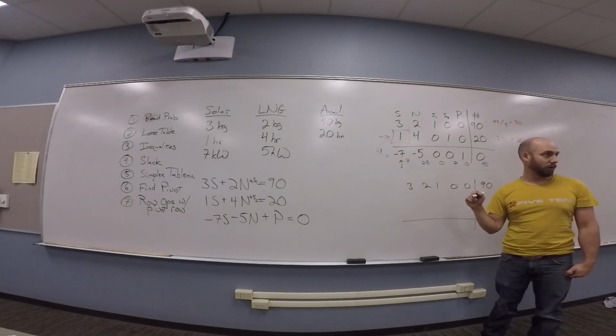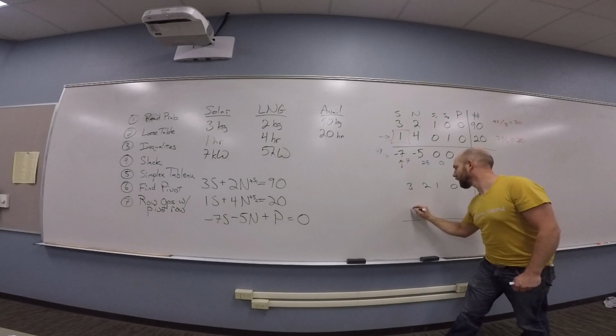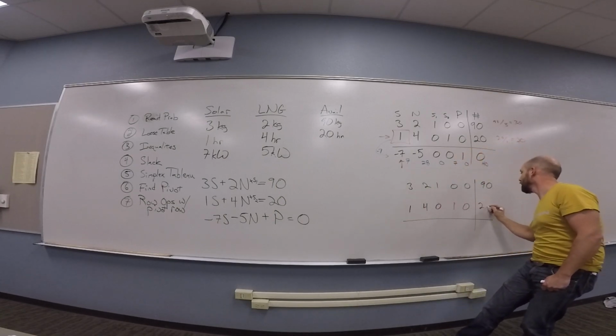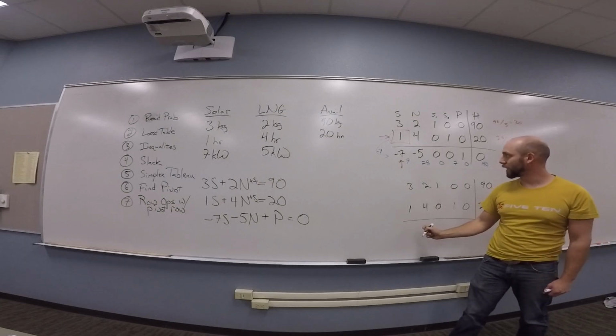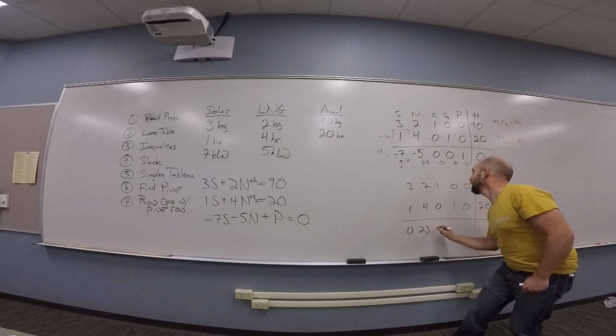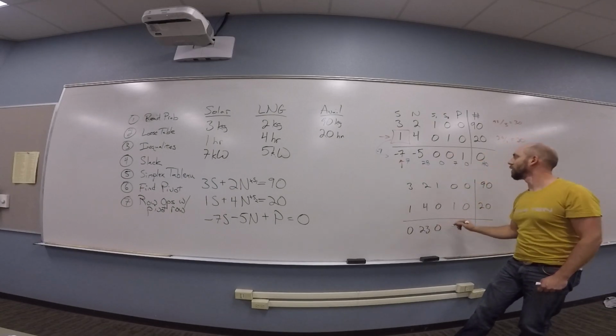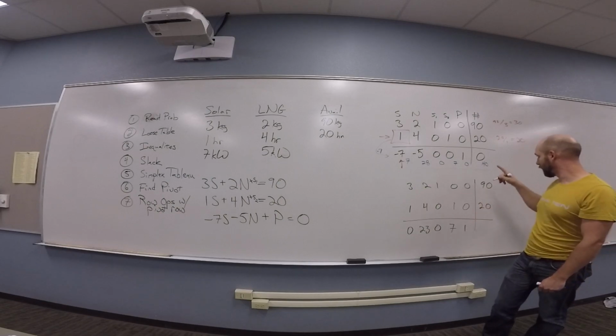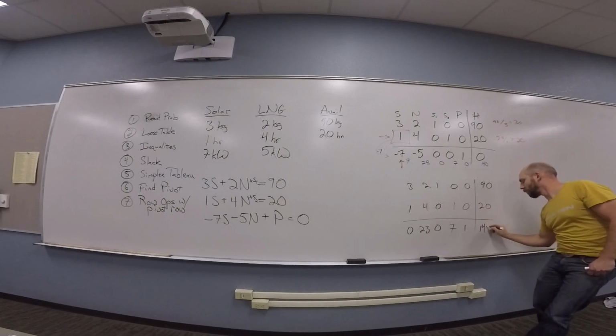The pivot row is 1, 4, 0, 1, 0, 20, and I didn't do anything to that either. And the bottom row is now 0, 23, 0, 7, 1, 140.